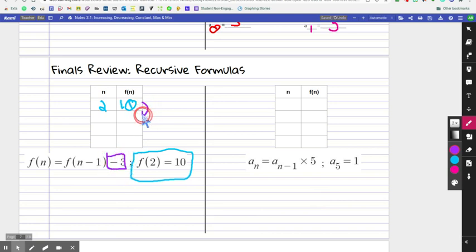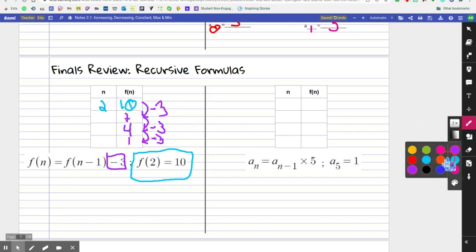So 10 minus 3 is 7. 7 minus 3, anybody? Is 4. 4 minus 3, 1.